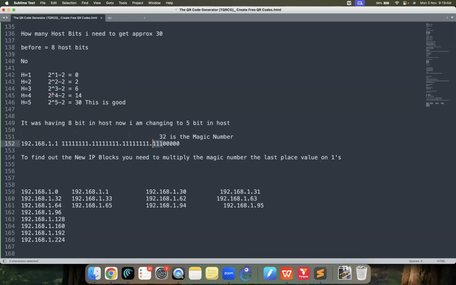If you reduce the host bits to 5, the remaining 3 bits go to the network portion, so it became 1111. 32 is the last one's place value, the magic number. It's 128, that is 64, this is 32, the place values 1, 2, 4, 8, 16, 32. That's how I got 32.